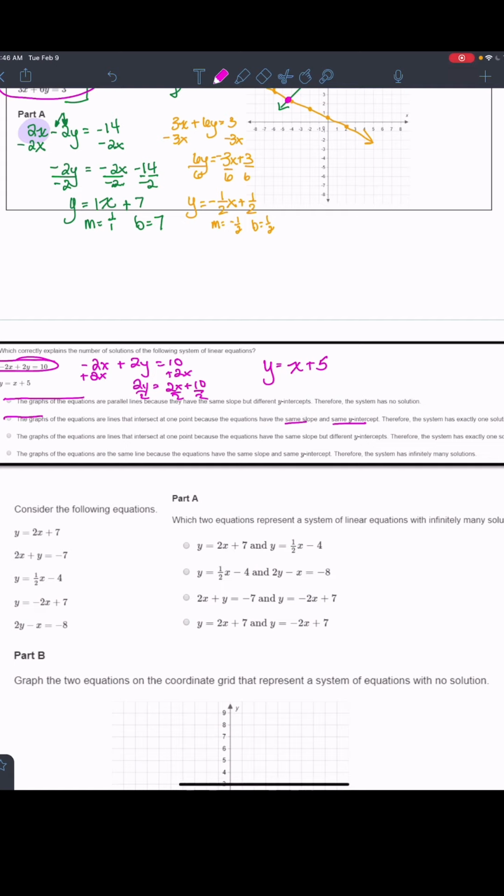They intersect at one point because they have the same slope but different y-intercepts? No. So let's just confirm our last one. The graphs are the same line, that's correct. Same slope, same y-intercept, infinitely many. There we go. So our entire statement has to be true.